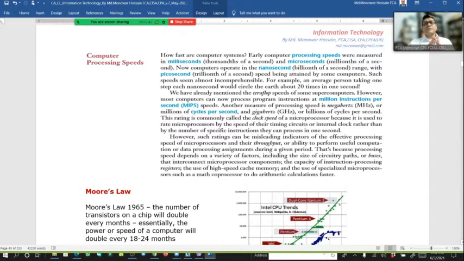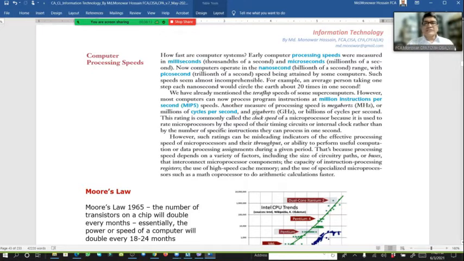Now computer operations are in nanoseconds, that means billionths of a second. If we divide 1 second by 1 billion, then it becomes a nanosecond. The range goes to the picosecond also, so dividing by a trillion. This type of speed is coming at this moment. So from the early days until now, there is a huge difference.